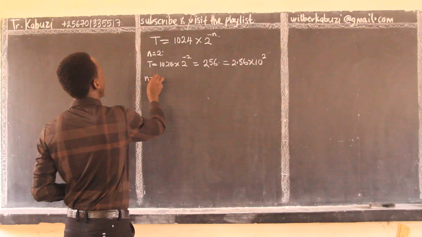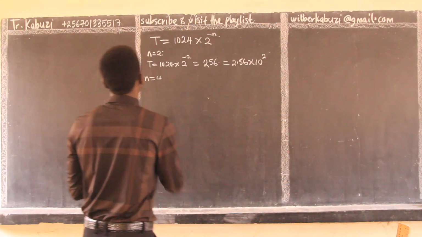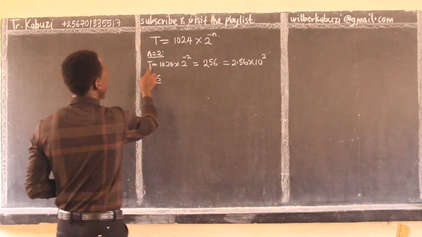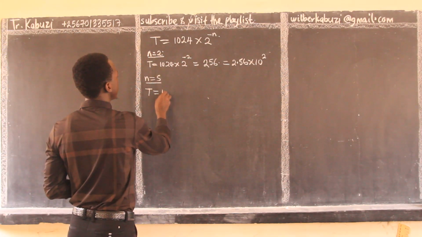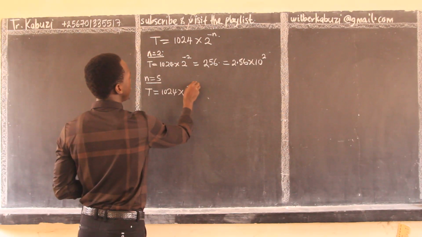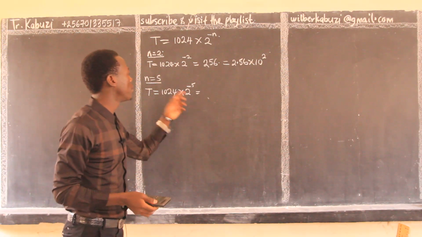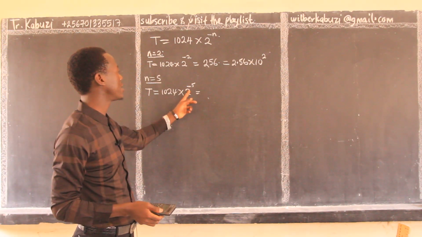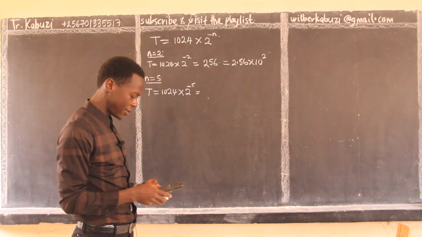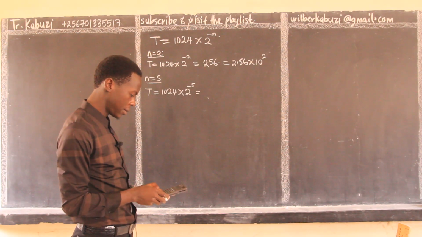So when I come to n equals 4, was it 4 or 5? Sorry, it was n equals 5. When n equals 5, I want the time for 5 workers: 2 power negative 5, where I put 5 in place of n. You can use your calculator there also. If you don't have a calculator, you can also use the properties of indices.